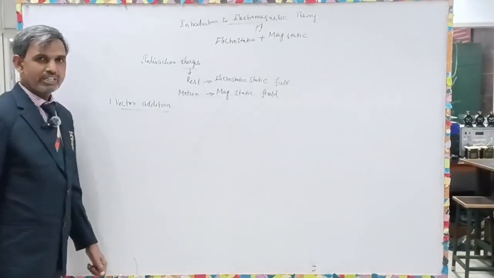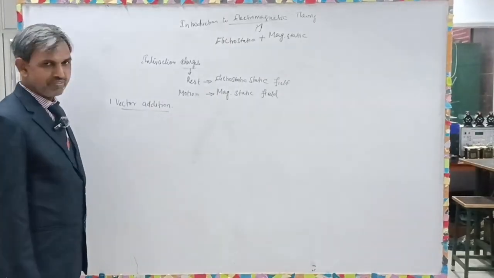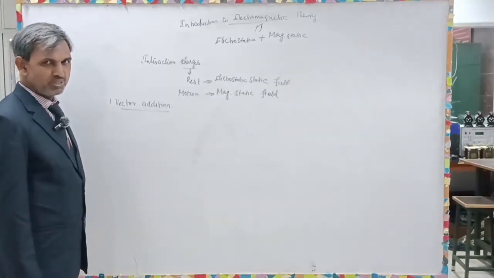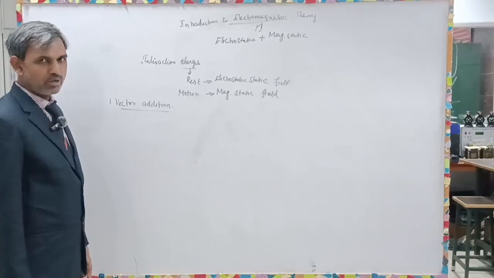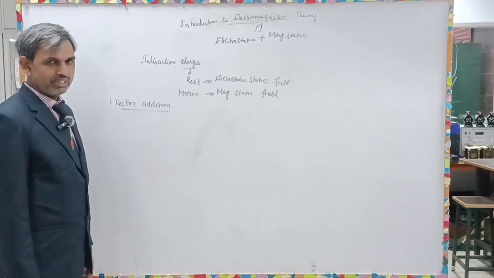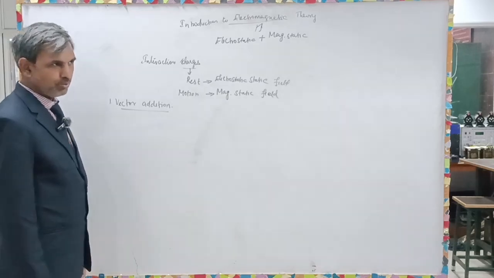We can perform vector addition with two methods, which you have already studied in school: one is the parallelogram rule and another is the head to tail rule. Here we are going to consider the parallelogram rule.